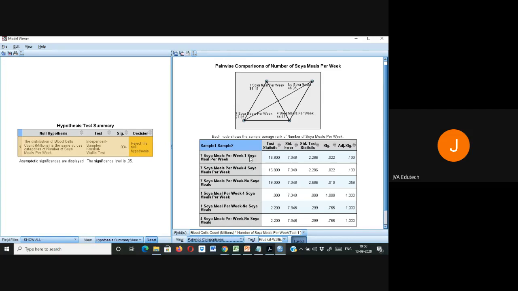The moment you increase the number of soya meals, the blood count will decrease. If you do not give them soya meal or give them only 1 soya meal per week, then only you can see a significant difference as compared to other groups. Isn't it?